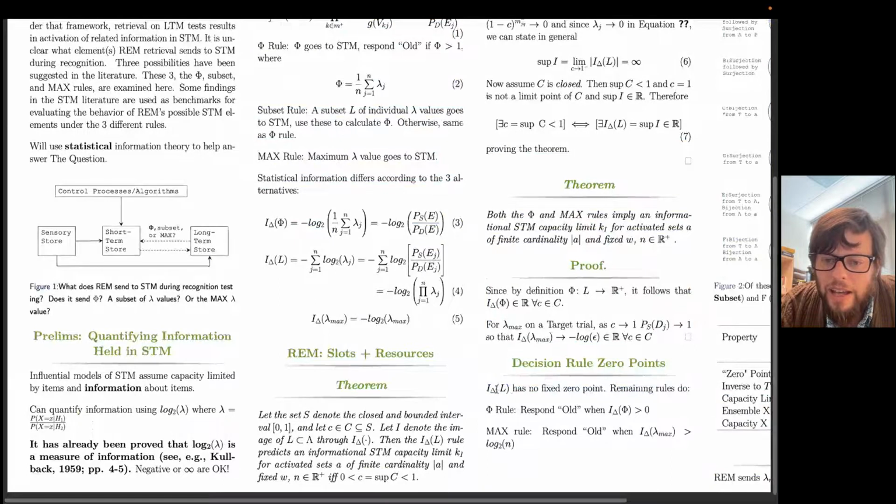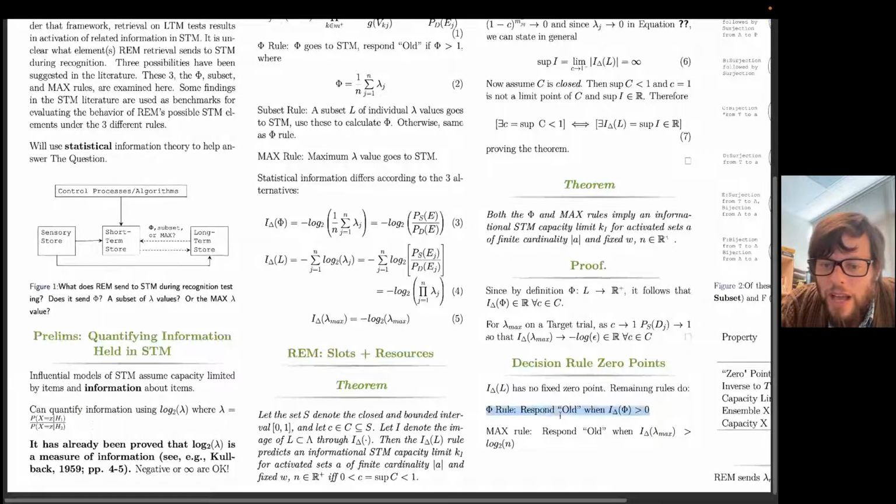The ID of L has no fixed 0 point, and you could see why if you look at this equation: no matter what the phi ends up being, you're taking the sum of the log lambdas rather than the log of the sum of the lambdas. So this could be all kinds of different values that don't necessarily correspond to the criterion that you're using.